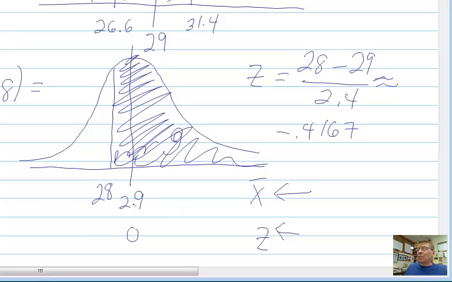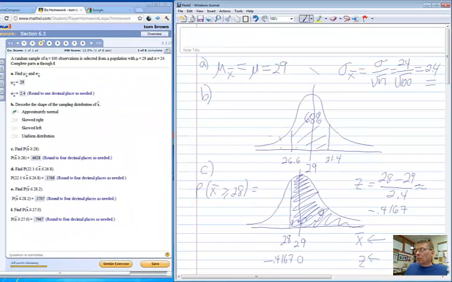In the z world, I'm interested in knowing how much area is to the right of minus 0.4167. So this problem is equivalent to solving the problem z greater than or equal to minus 0.4167.